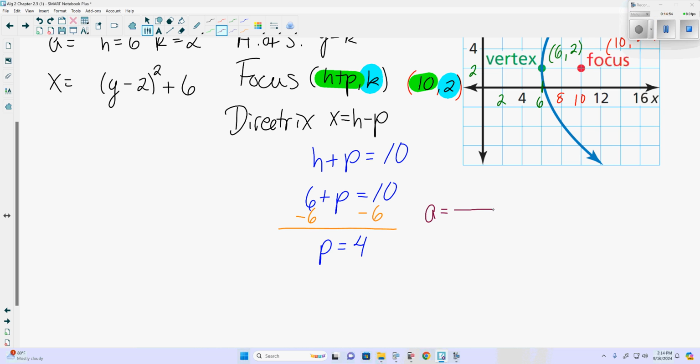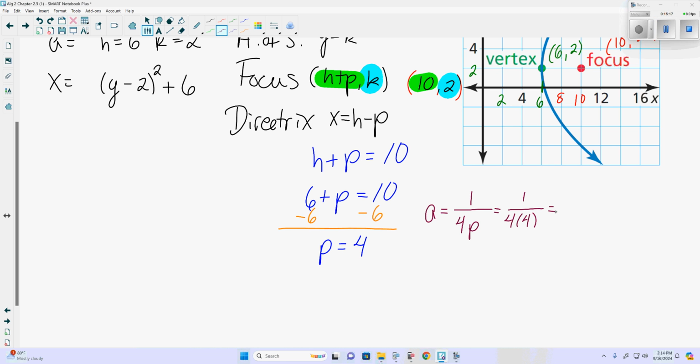Now in years past, at this point, we would have plugged this value p into the equation 1 over 4p times this here. Might as well just do 1 over 4p on the side and then plug it back in. So we're saying 1 over 4 times 4.